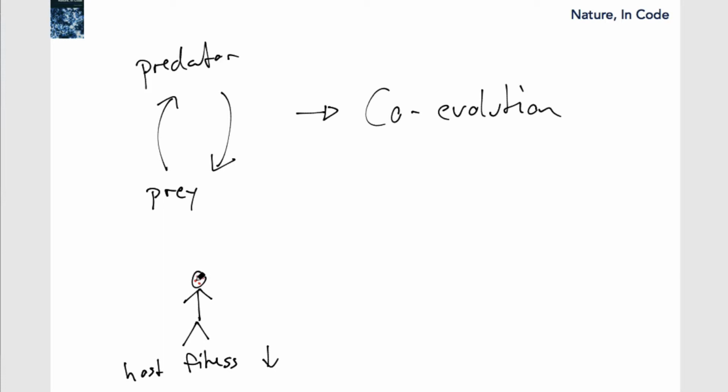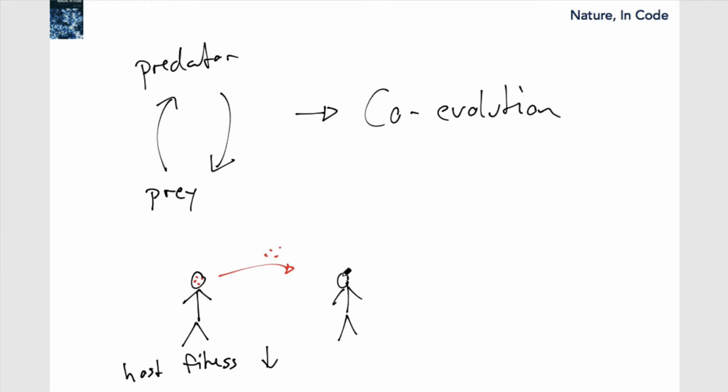Many parasitic species are not able to reproduce outside of a host. They need a host to be able to reproduce. So, getting into a host is a requirement, and then being passed on to the next host as well. So, this host may now infect another host, whose fitness then, of course, will also go down.